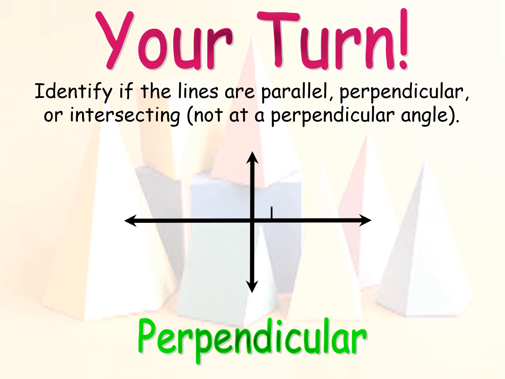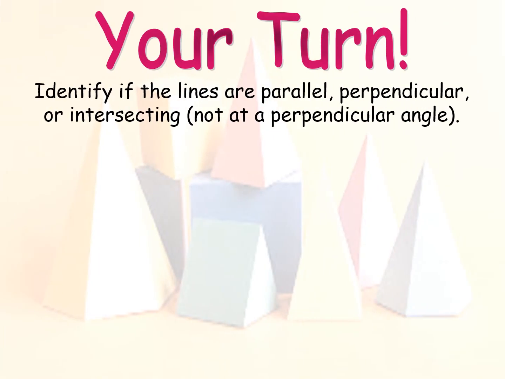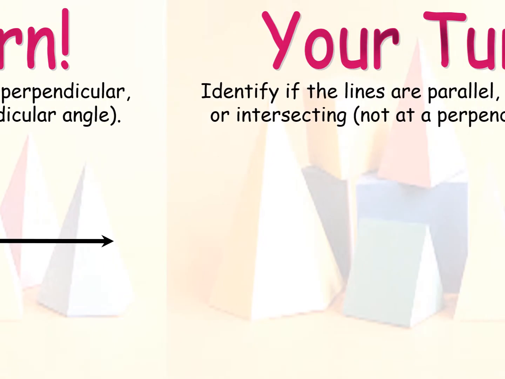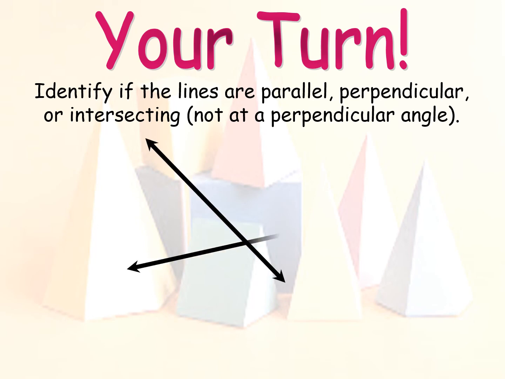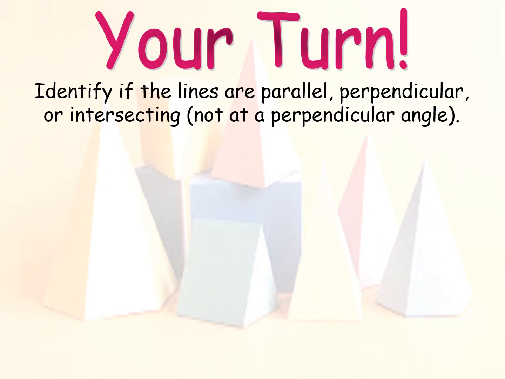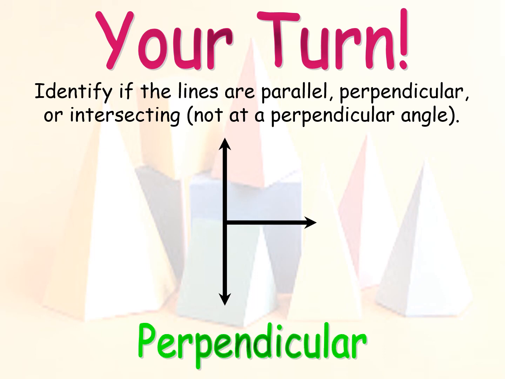Yes, it is perpendicular. Correct, it is parallel. Now let us have the last. It is intersecting. I mean second to the last. And the last one. Correct, it is perpendicular.